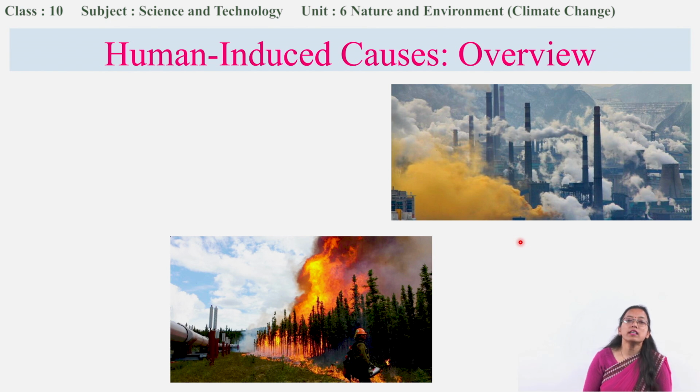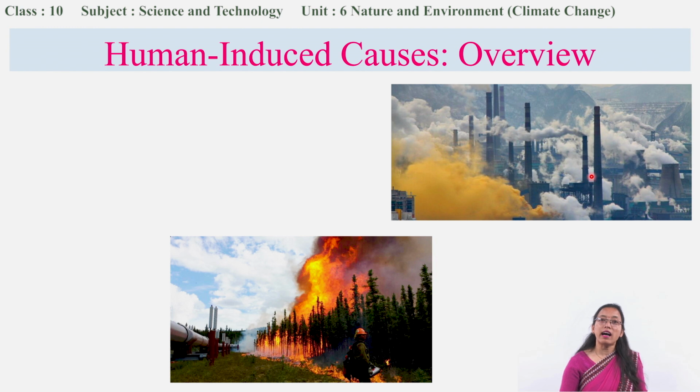Next, human induced causes. What are the human induced causes? See, now we like sophisticated life, we like modern life, we want to use different modern technology to be happy and to be sophisticated. So many industries are required for fulfillment of those requirements. Is it? Different industries are made.